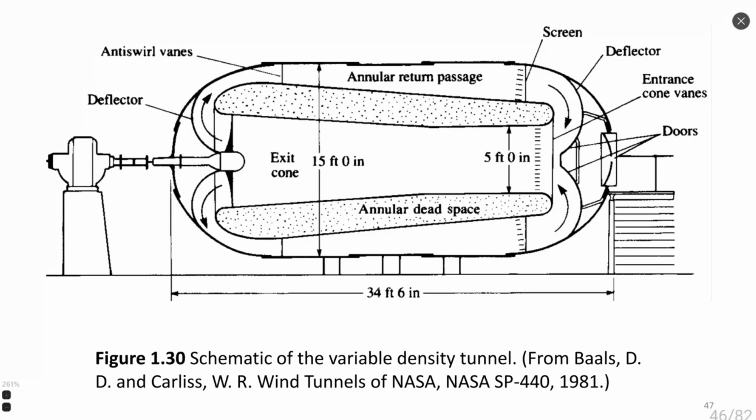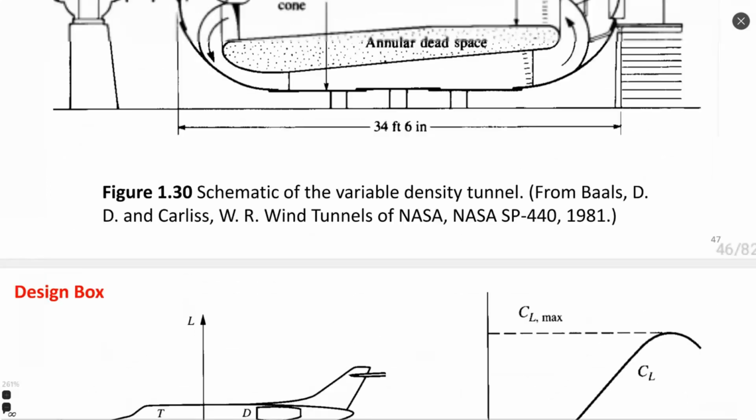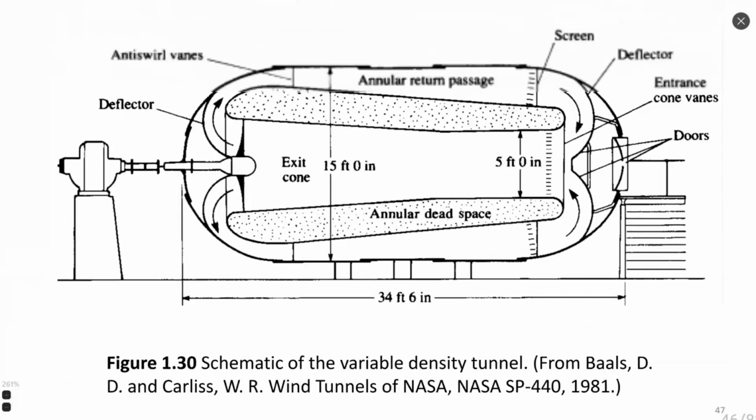Of course, since we need to create some specific value of pressure inside, this is a hermetic structure. Such a wind tunnel is not something simple. Nowadays, there are not so many wind tunnels of this type.